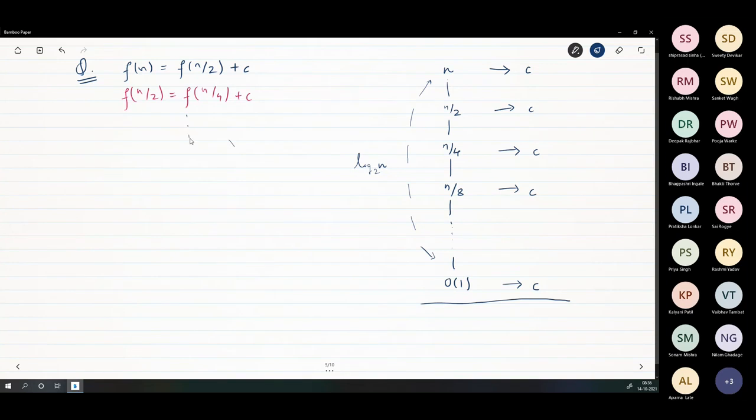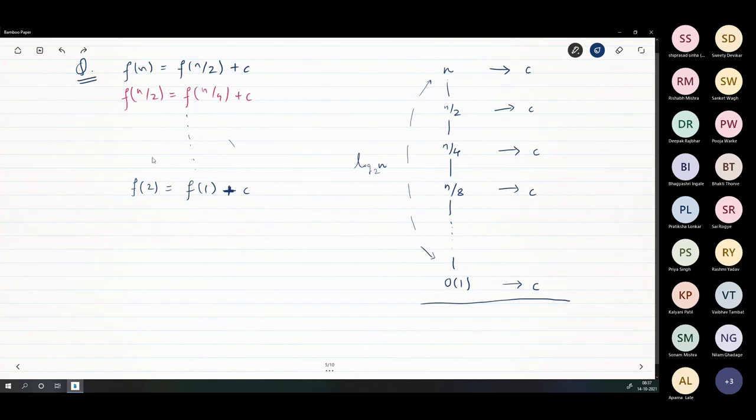You will keep reducing this. Finally, you will have something like f of 2 is equal to f of 1 plus c. That will be the last thing that you get at this step. And f of 1 is 1.